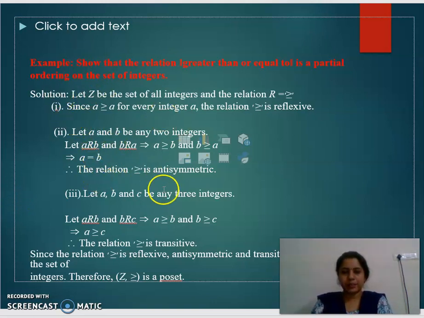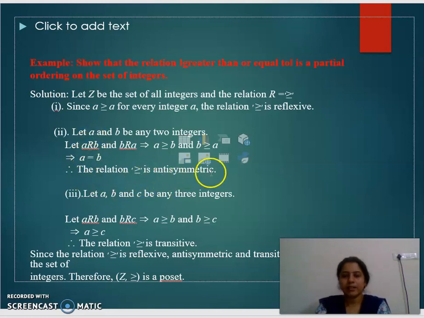Here is an example of a partially ordered set. Z is the set of all integers and the relation is greater than or equal to. First we check the reflexive relation. Suppose we take one element from the set of all integers, say 3. 3 is always greater than or equal to 3, so it satisfies the reflexive relation.